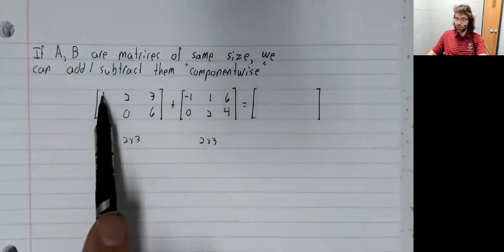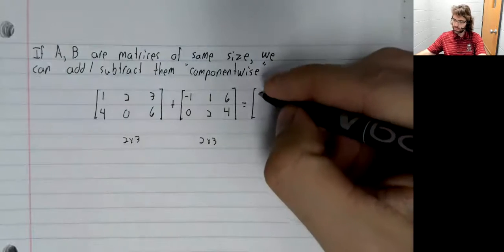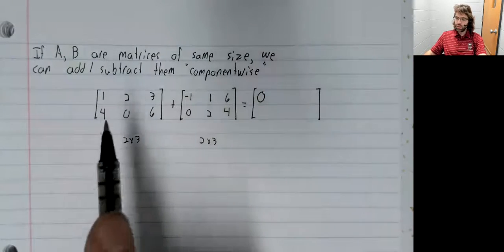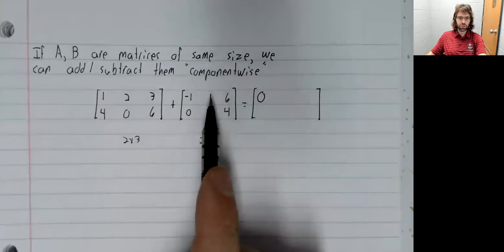And the first row, first column, plus the first row, first column. The first row, second column, plus the first row, second column.